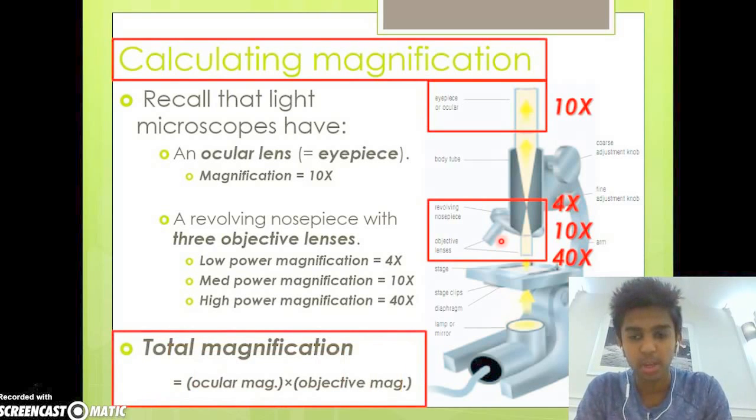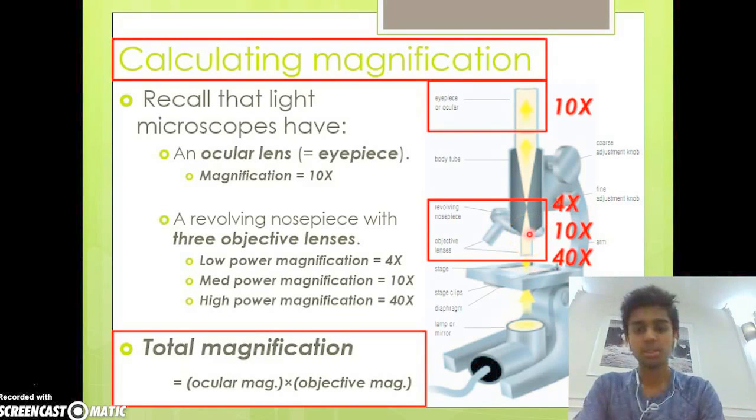Now, the total magnification of any microscope is the ocular magnification multiplied by the objective magnification. Let's make this really simple. You've got your eyepiece, which is going to be 10 most of the time, depending on the microscope.